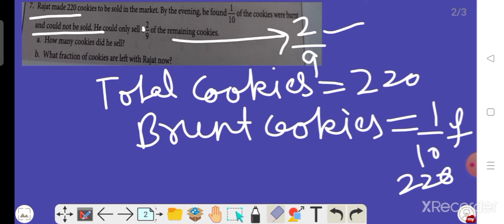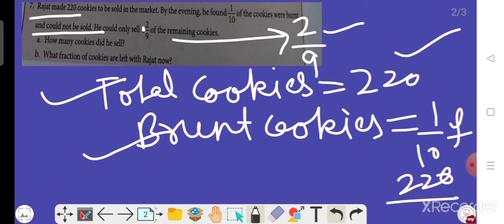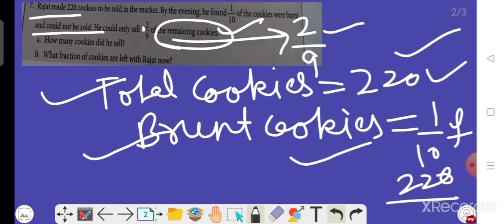Clear? Now what we have in this question: the total amount of cookies is 220. Burnt cookies are 1 by 10 of this 220, and after that Rajat sold 2 by 9 of the remaining cookies. So firstly we have to find the remaining cookies. To find the remaining cookies, we have to subtract the burnt cookies from the total cookies.